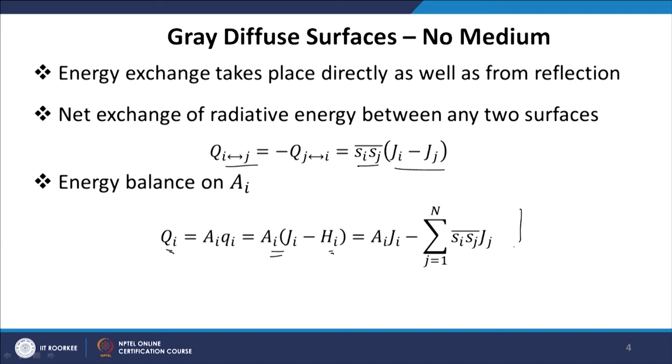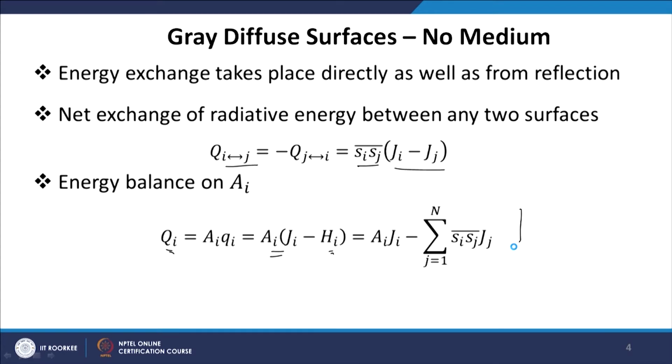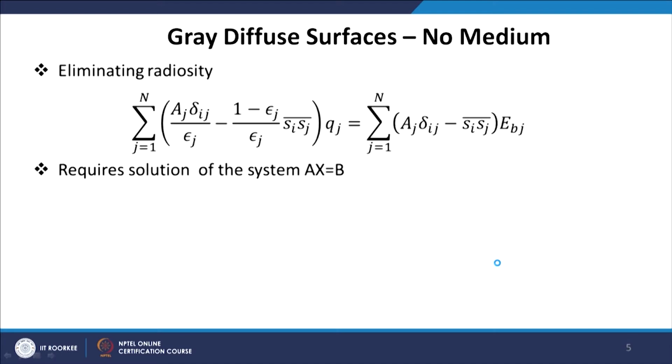Now, if we eliminate the radiosity from this expression, we can write down the governing equation for a gray enclosure as summation j equal to 1 to n Aj delta ij, where delta ij is simply equal to 1 for i equal to j and equal to 0 for i not equal to j, it is the Kronecker delta.